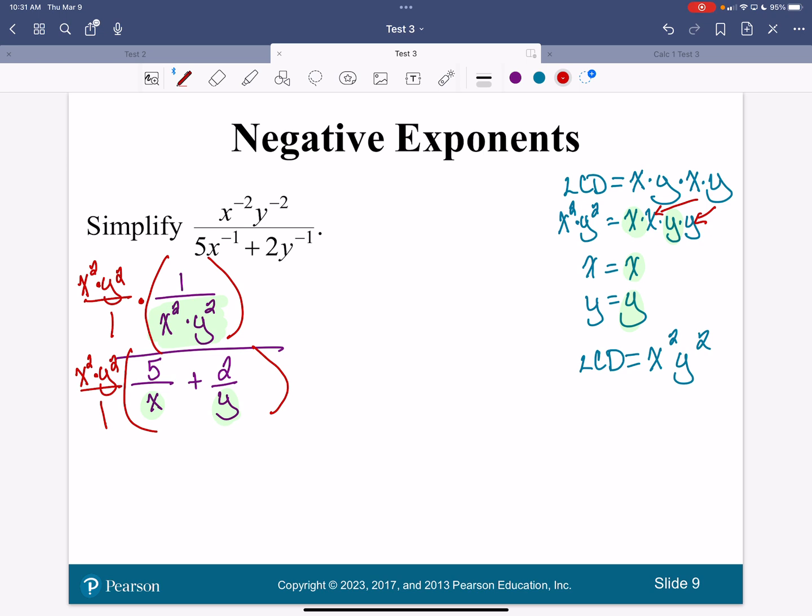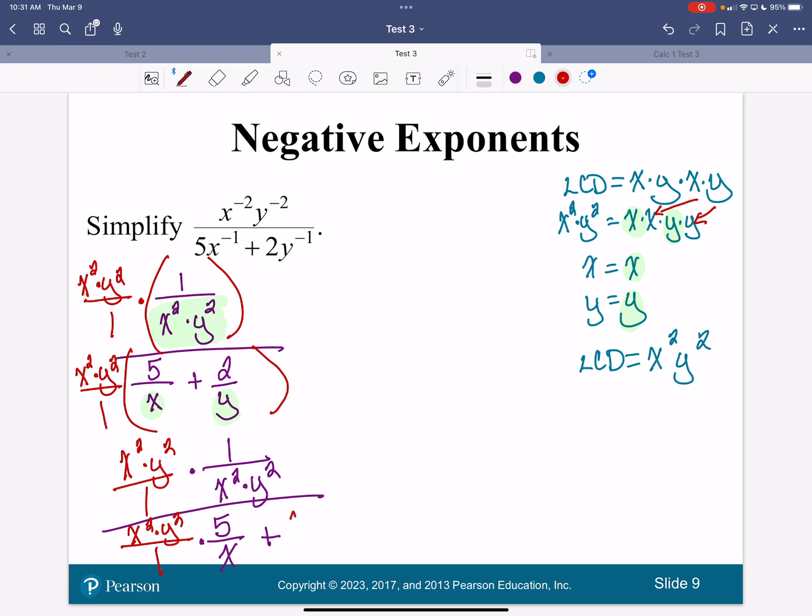So in my numerator, I have x squared times y squared over 1 times 1 over x squared times y squared. X squared times y squared over 1 times 5 over x plus x squared times y squared over 1 times 2 over y, okay?